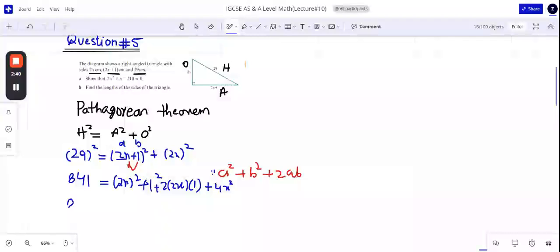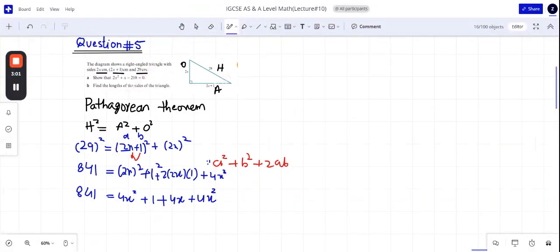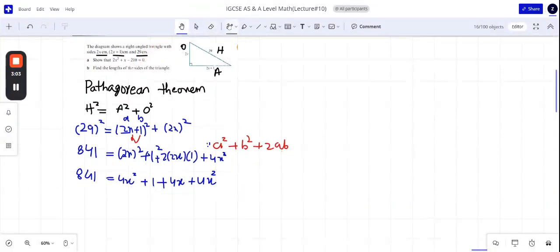Now 841 we bring down the same, which equals 4x squared plus 1 plus 4x, plus 4x squared. After that we add the like terms.